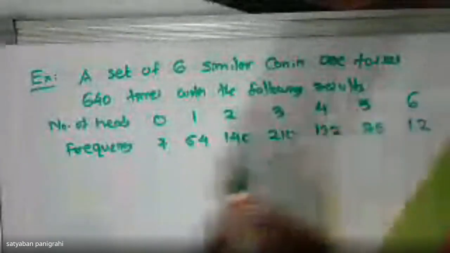A set of 6 similar coins are tossed with the following number of heads and frequency: 1, 64; 2, 140 (as stated); 3, 210; 4, 132; 5, 75; and 6, 12.